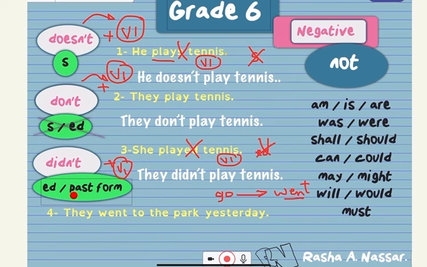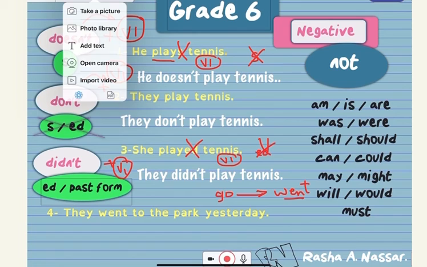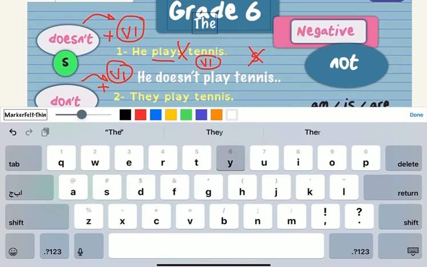So when I see past form, what should I choose when I want to change it into negative? Doesn't, don't, or didn't? When I see past form, I use didn't. So I will write they didn't. They didn't what?